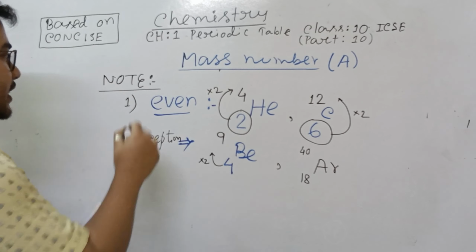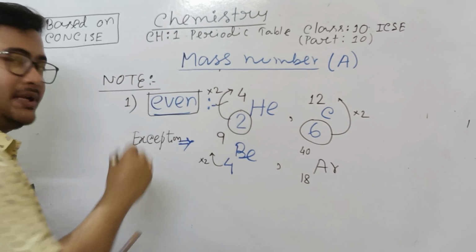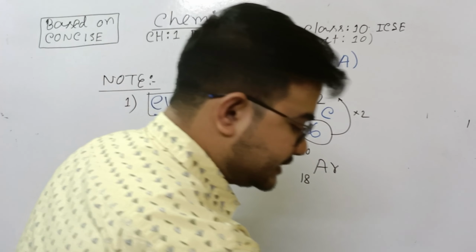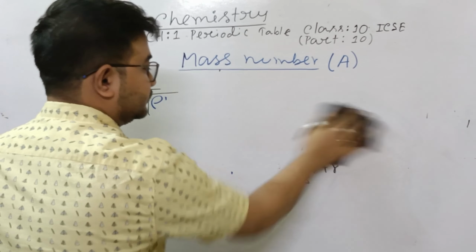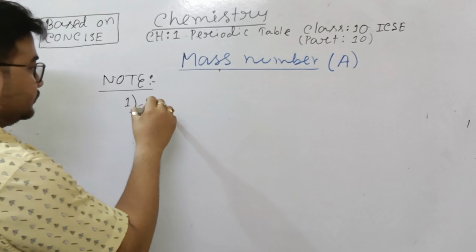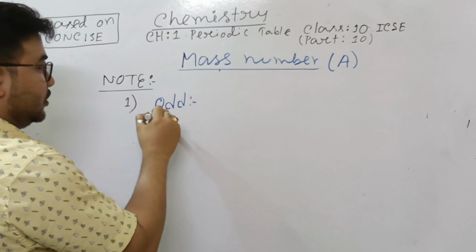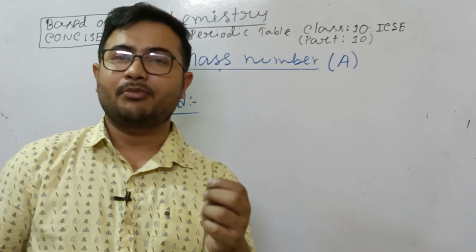So in case of even, we have this rule as well as exceptions. Now try to understand the odd number.